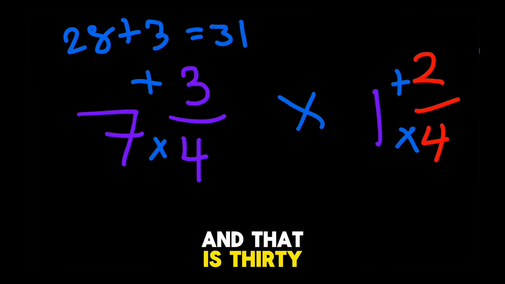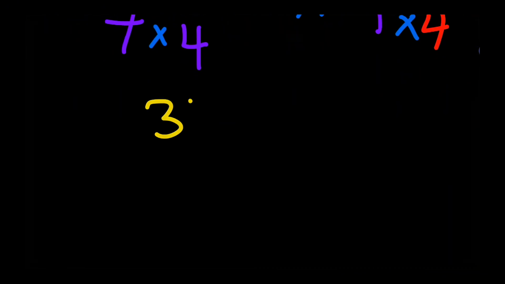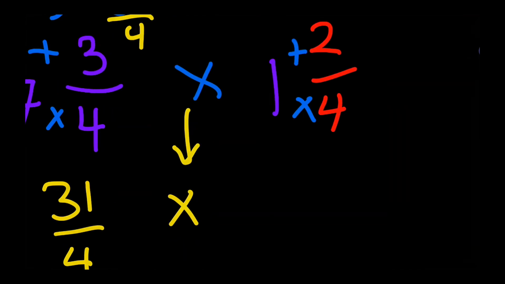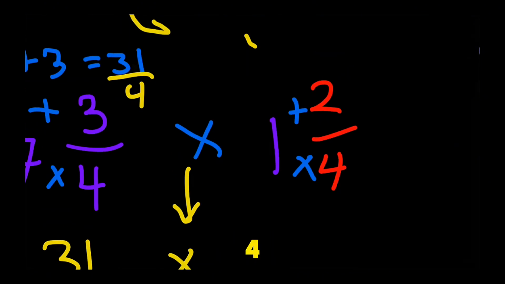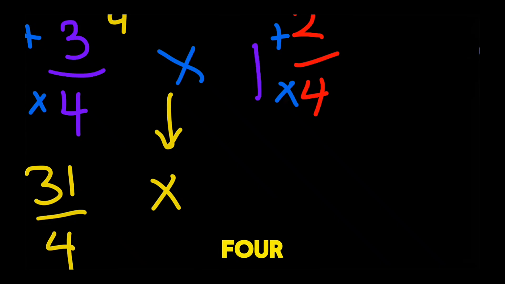And that is 31 over 4. Bring back down your multiplication sign. 4 multiplied by 1 is going to give you 4. Now 4 plus 2, that is 6, and that is 6 over 4.